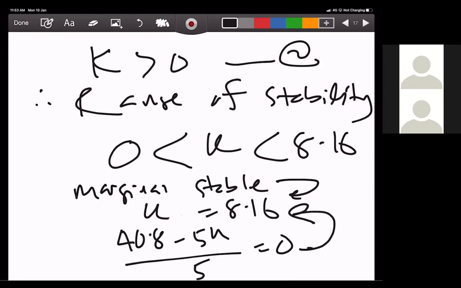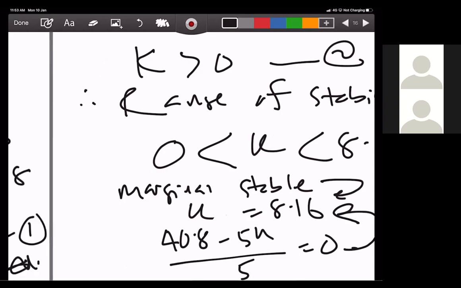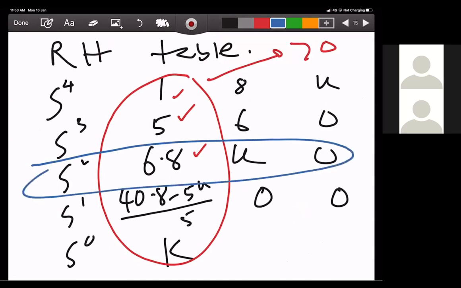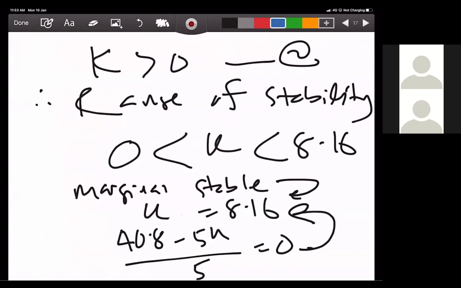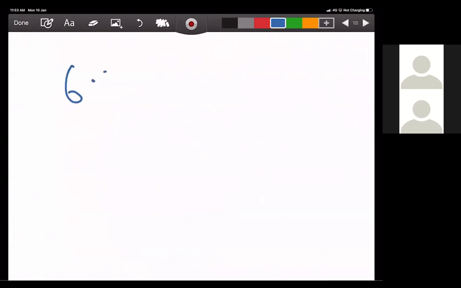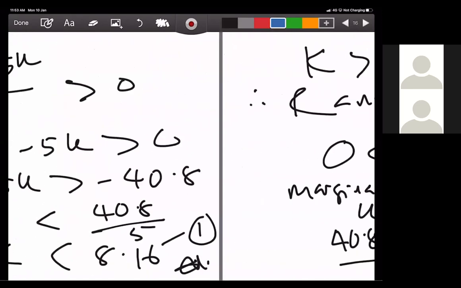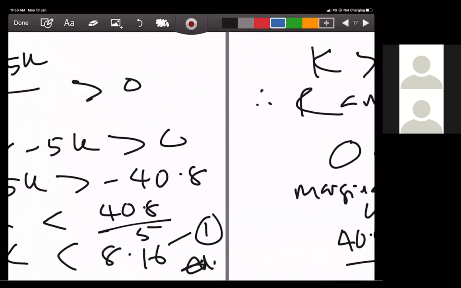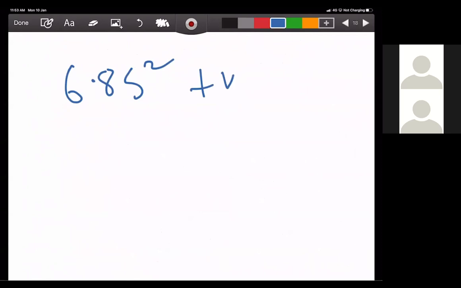Okay. And then for the equations of this, equation ni, 6.8 S square plus K equal to 0. S equal to J omega. Okay.